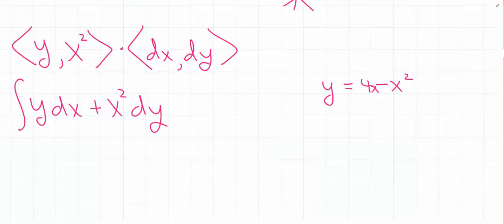Okay? Let's find out what dy is. dy is 4 minus 2x. Okay? Everybody see that? Nobody can argue with that, I don't think, right? Let's just bear with me here, because we are being kind of sloppy.